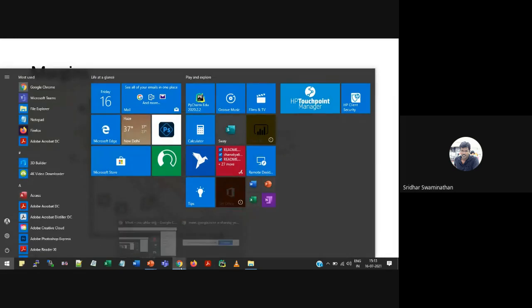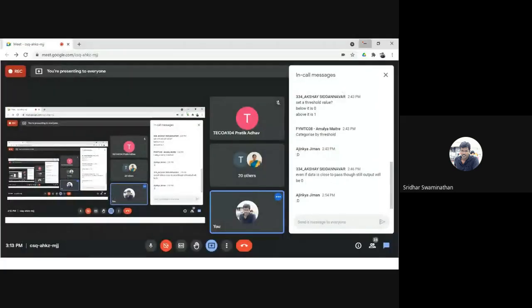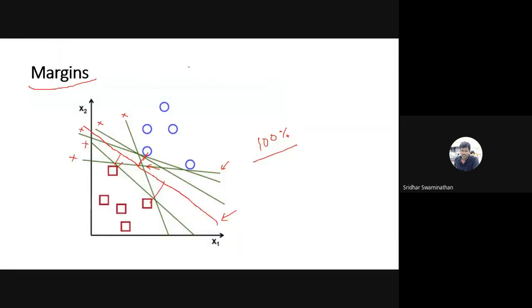Now we are still dealing with the model W transpose X plus B, and we want to make some changes.